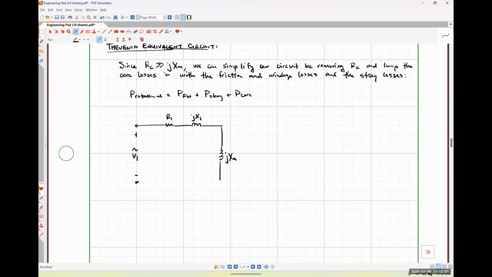JXM. Here is JX2 prime. And for simplification's sake right now, I'm just going to call this R2 over S prime. This is our circuit. And once again, everything to the right of this dashed line represents our air gap. This is what's known as the Steinmetz.